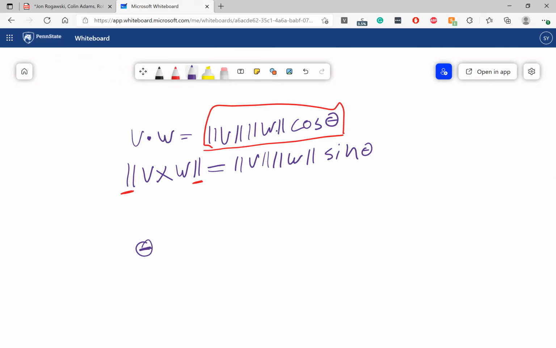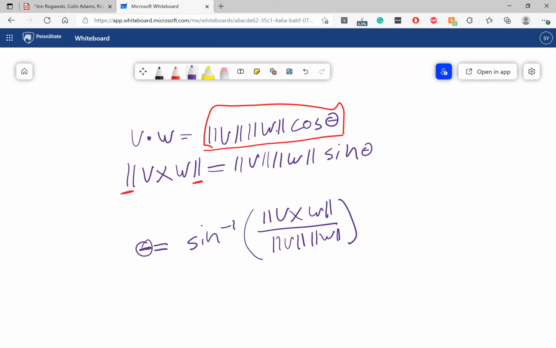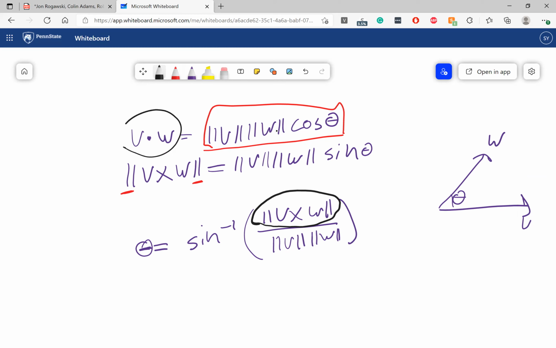But you can say that the angle is also sine inverse of the magnitude of the cross product of your two vectors divided by the magnitude of V times the magnitude of W. And this again is if you're trying to find the angle between V and W. Now, again, I wouldn't recommend using this formula if you're asked to find the angle, because this would require first taking the cross product and then taking its magnitude, and it's generally easier to just take the dot product. Any questions? Okay.